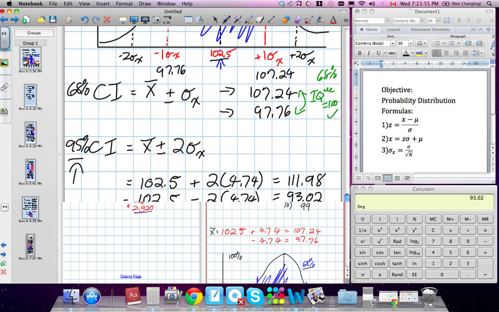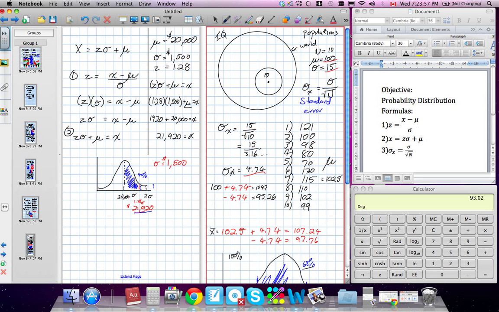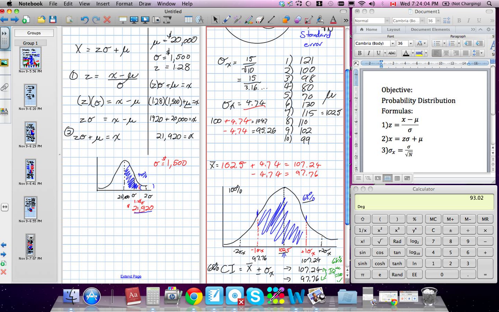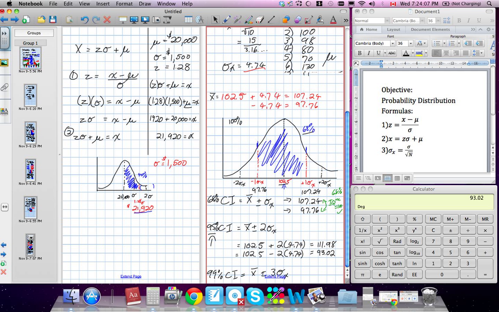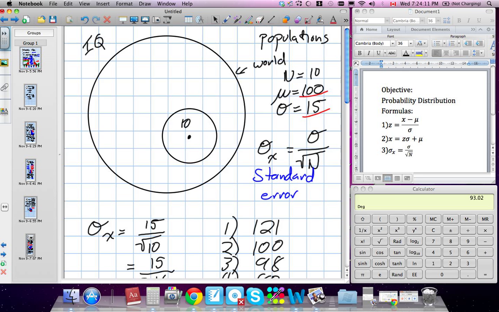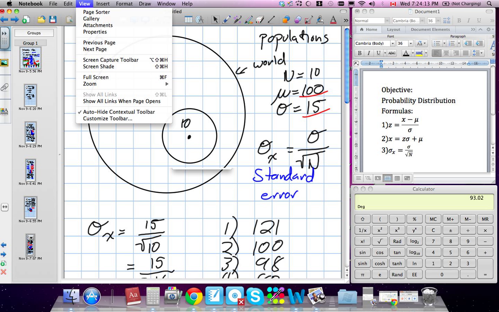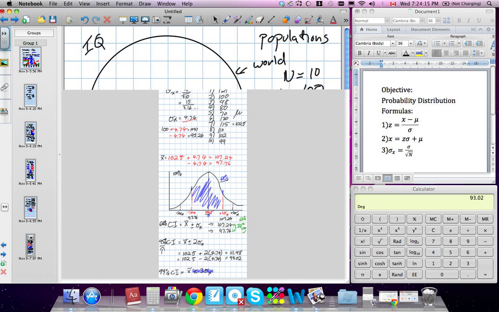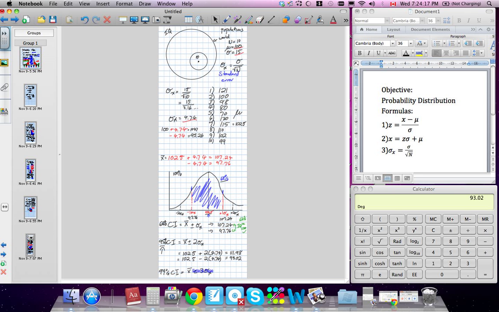And finally, just theoretically, a 99% confidence interval. Do you know what that would be? 3 times our standard error, whatever that is. So we would do the exact same idea, and we have an even larger range.